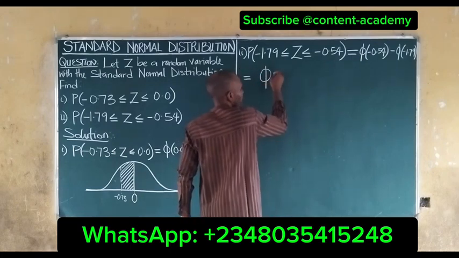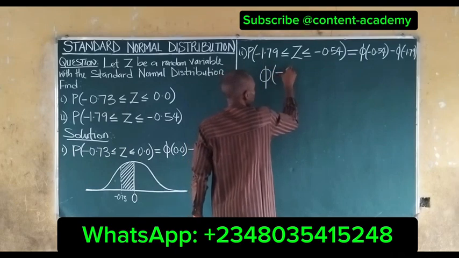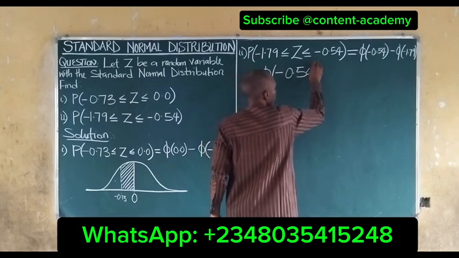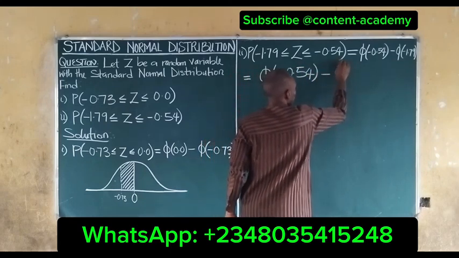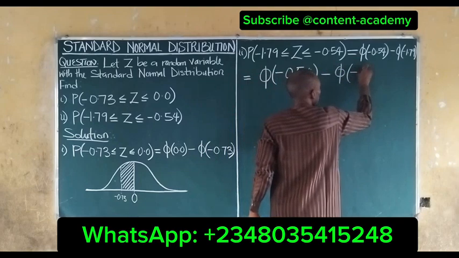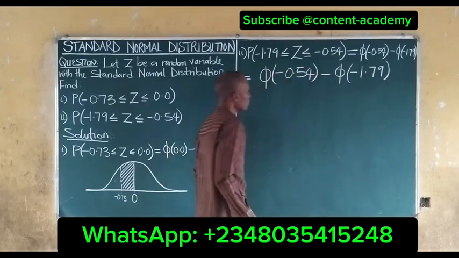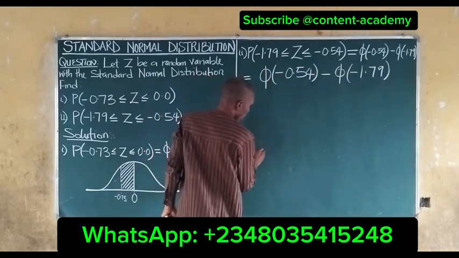Writing it out properly, this is Φ(0.54) minus Φ(negative 1.79). So the next thing to do is to draw our curve.